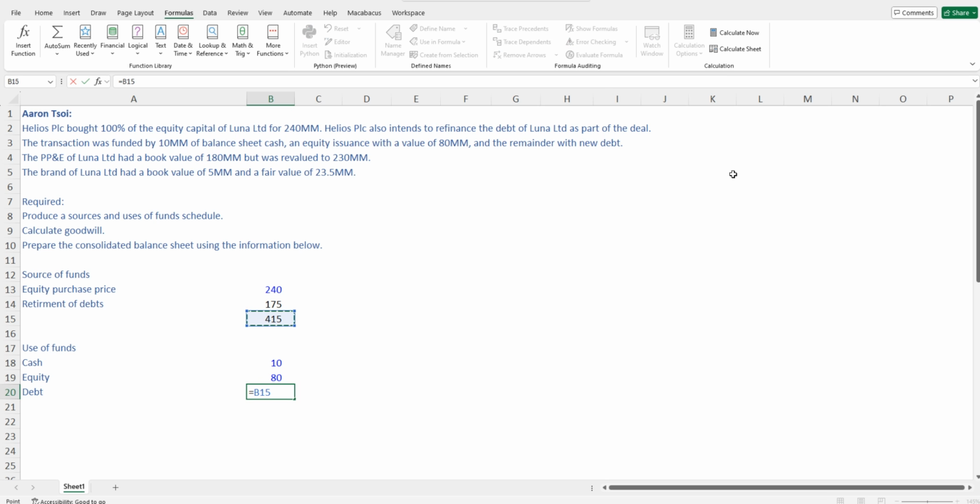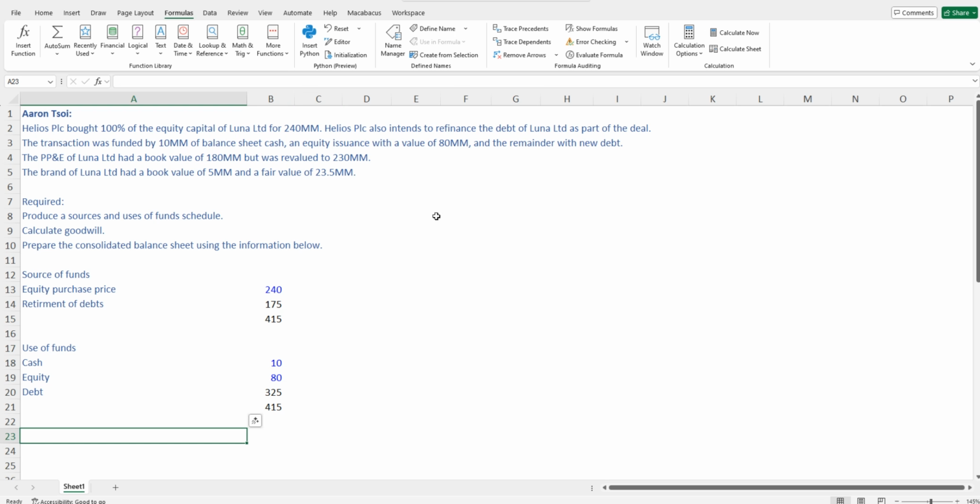You need to take this number, 415, minus the cash, minus the equity. Then you get the remainder, which is the debt, $325 million. If you sum them together, it will be 415, which is the same as the previous number.